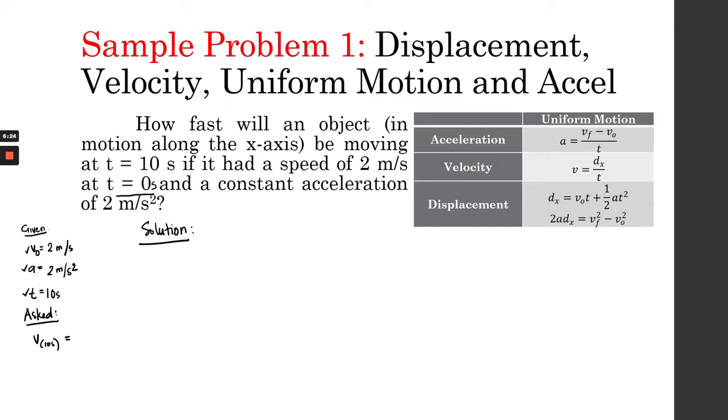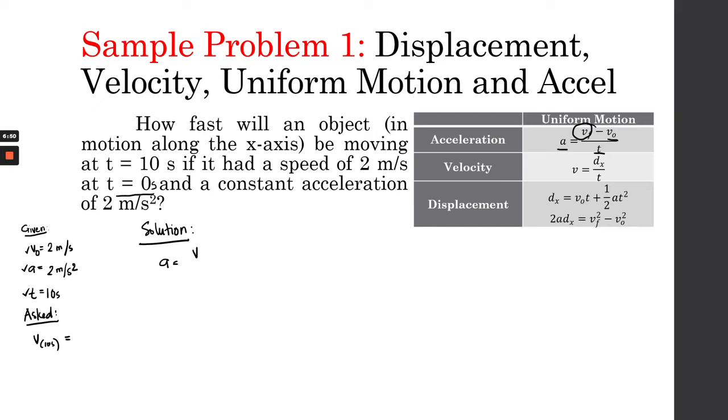Among all the equations that we have, the only equation that all of these belong to is actually the first one. They give us the acceleration, the initial velocity, and the time. What we are looking for is the final velocity, or the velocity after 10 seconds. So we will have to use that equation.